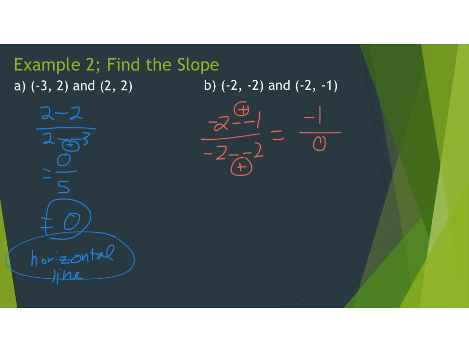Now we can't divide by 0, so this slope is undefined because it's a 0 in the denominator, and that makes this a vertical line.